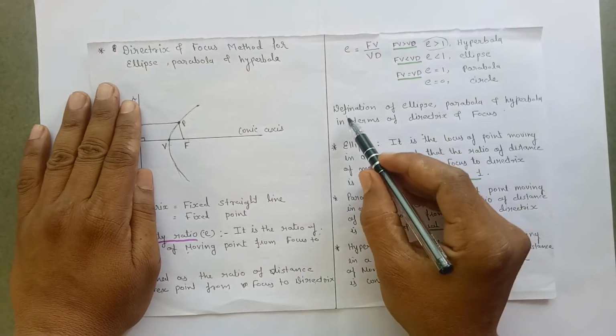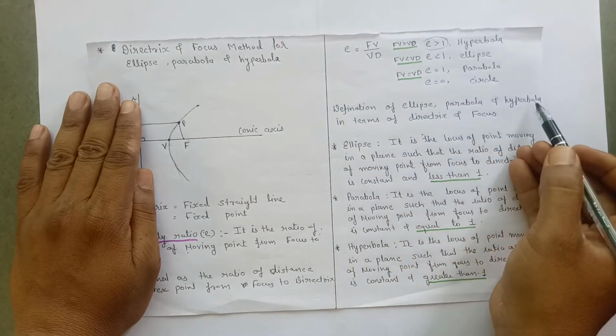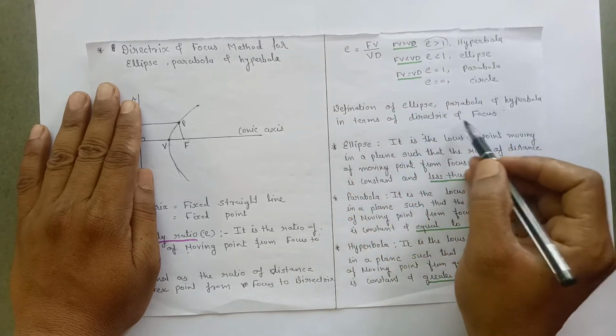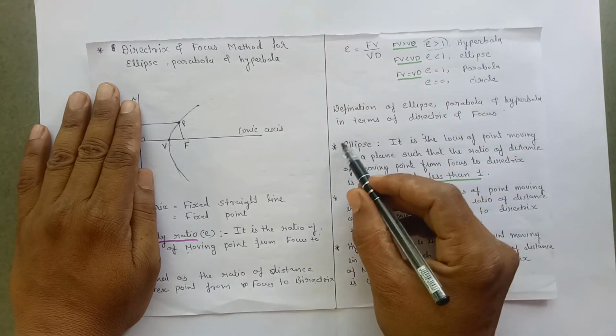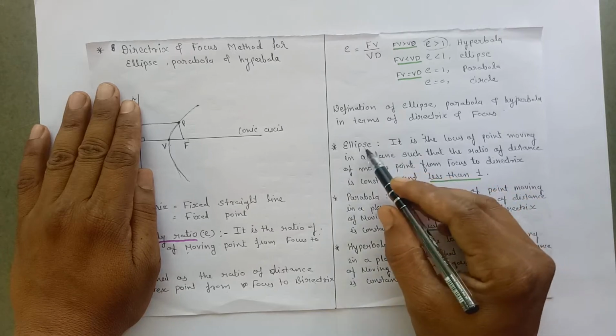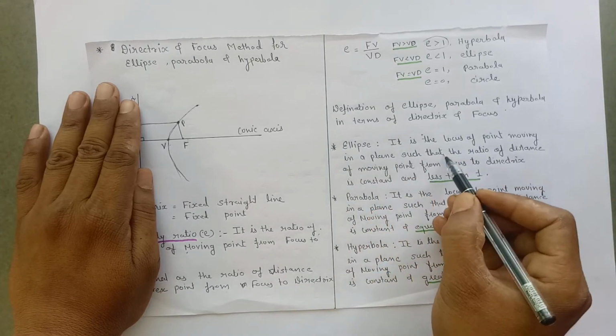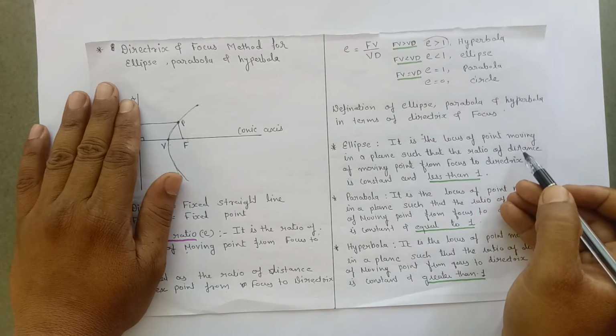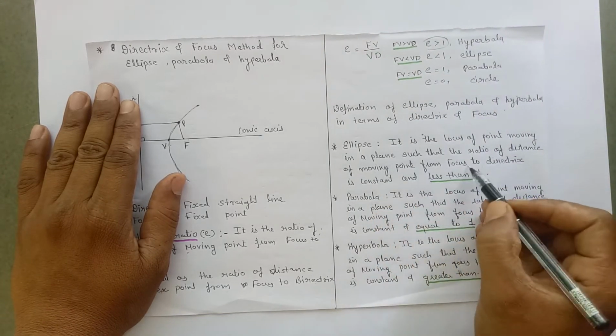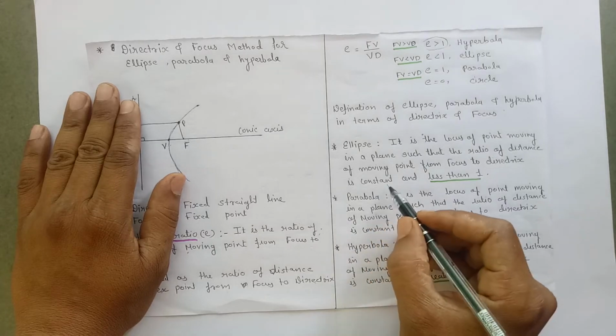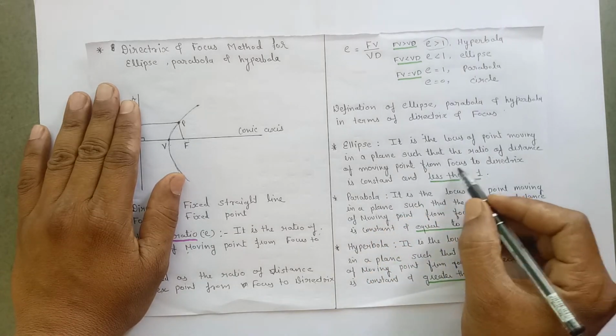Now let us discuss the definition of ellipse, parabola and hyperbola in terms of the directrix and the focus. Ellipse is the locus of a point moving in a plane such that the ratio of distance of moving point from focus to directrix is constant and less than 1.